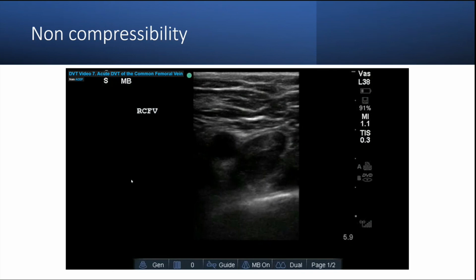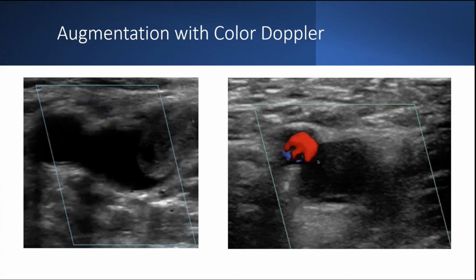When we apply pressure to the skin, we can see this vein does not compress completely, and we can also see some hyperechogenic material inside the vein, which also suggests a blood clot. Here we see the same thing. Next we can use color Doppler and see there's reduced flow here, and here there's no flow at all, which suggests there's a clot here.